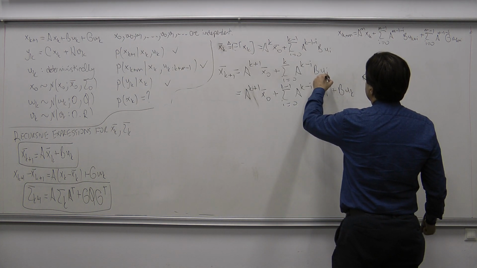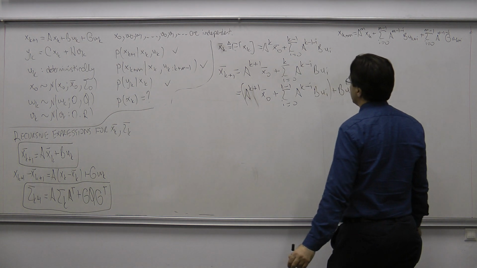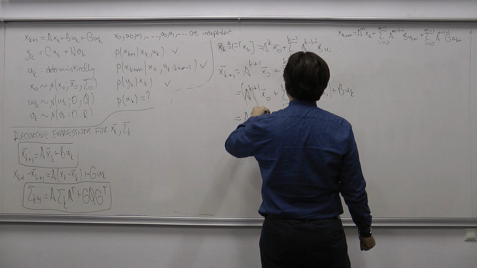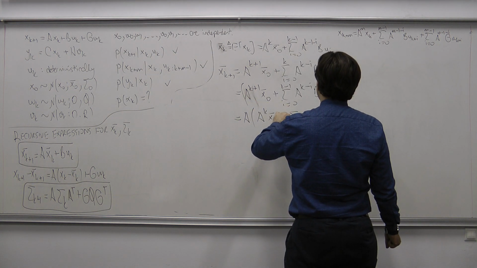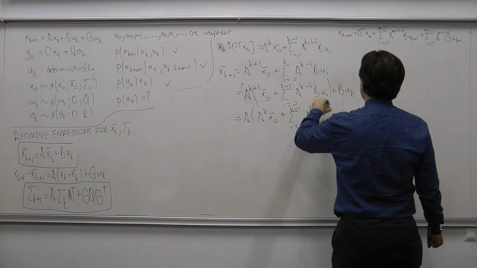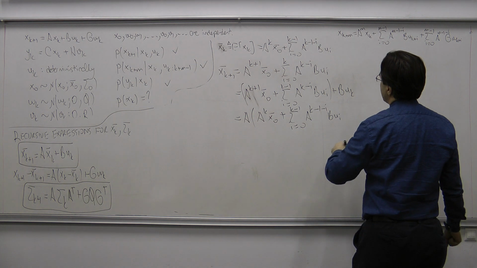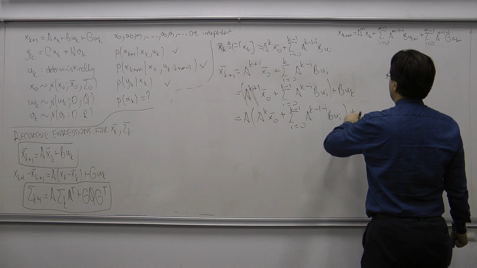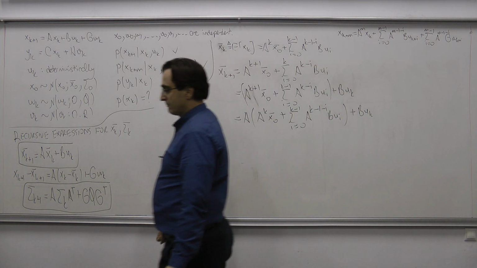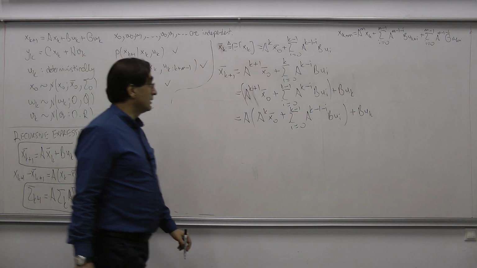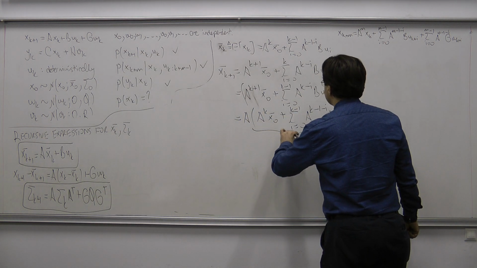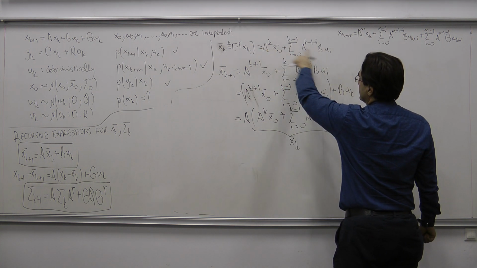So now what I can do is take a parenthesis in these terms. In the parenthesis I have A to the k, x_0 bar, plus the sum over i from 0 to k minus 1 of A to the k minus 1 minus i, B u_i, and I have B u_k. But you see here that this is nothing but x_k bar.